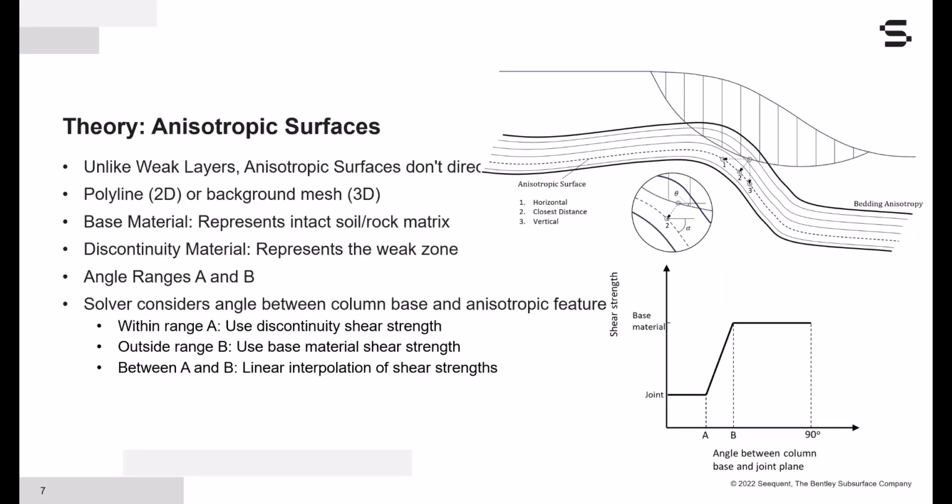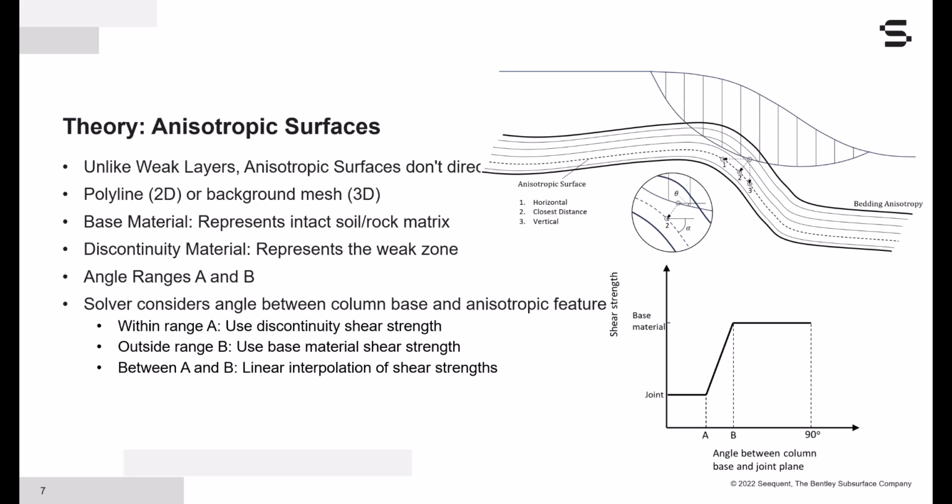Unlike weak surfaces, the anisotropic surface does not impose a direct control on the shape of the slip surface. Anisotropic surfaces are defined using a polyline in 2D or a background mesh in 3D. The input properties of the anisotropic surface include a base material representing the intact soil or rock matrix, and a material representing the discontinuity.